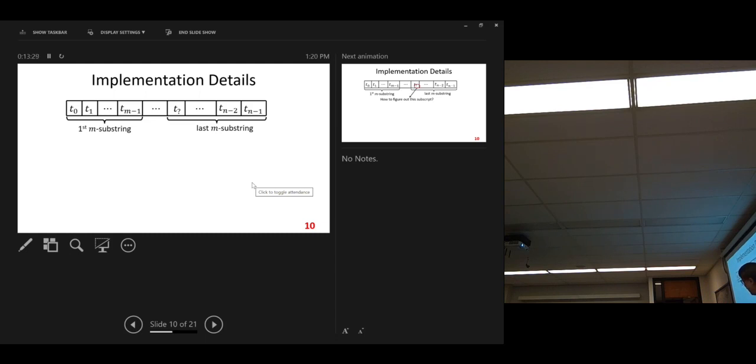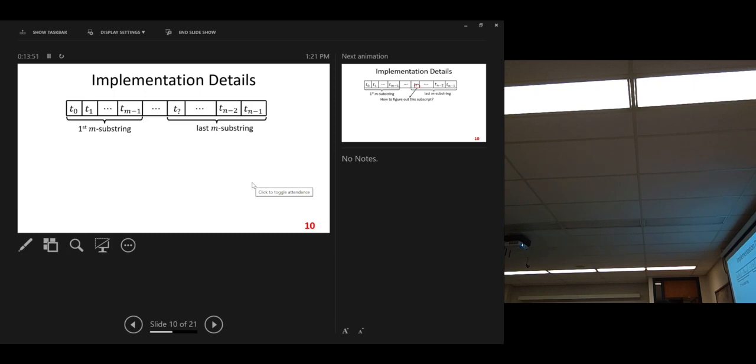Now, for this last substring, what is the subscript? Can we figure out what the subscript is? It looks like we need to do some calculation.